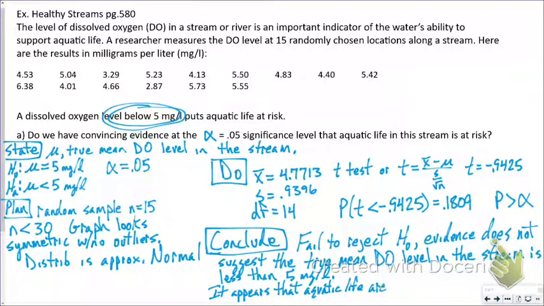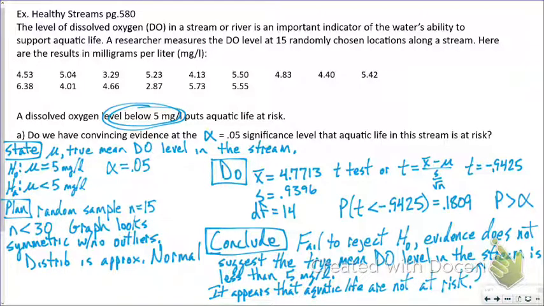I'm going to say are not at risk. And my reason is because of that, right above it. True mean DO level in the stream is not less than 5.